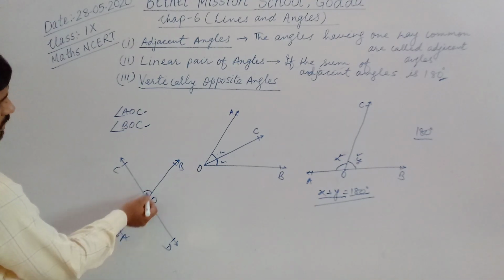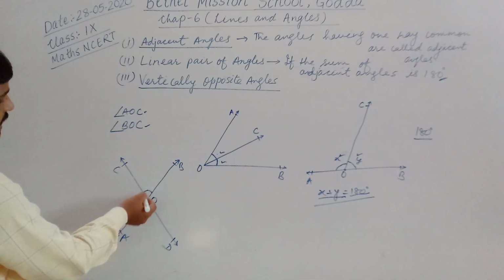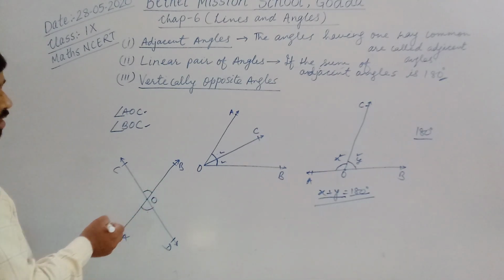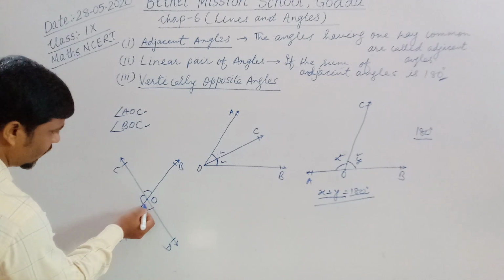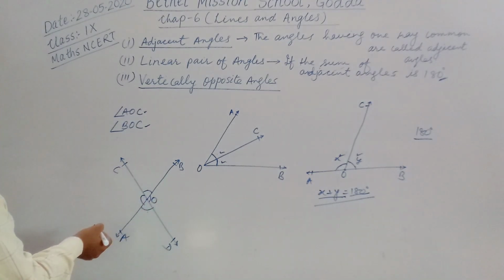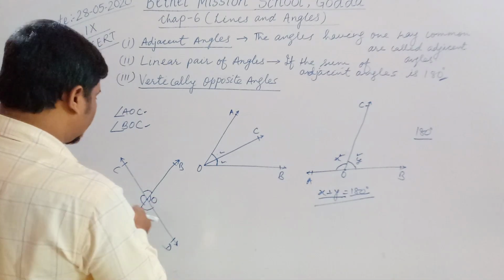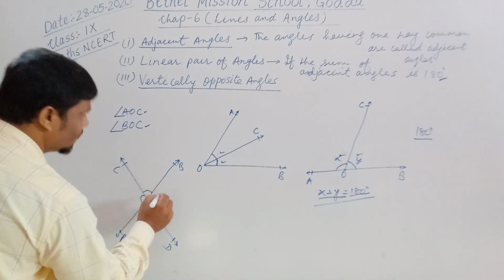These two angles are just opposite to each other. That type of angles are called vertically opposite angles.